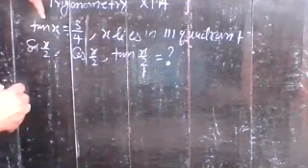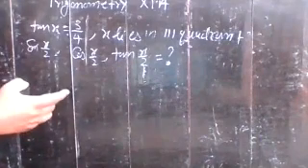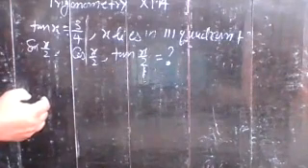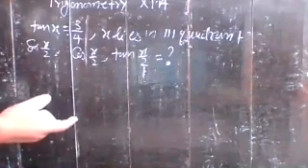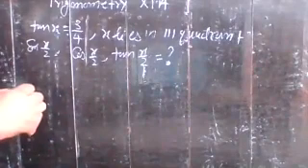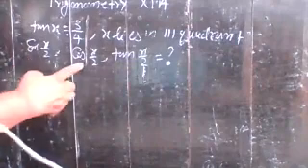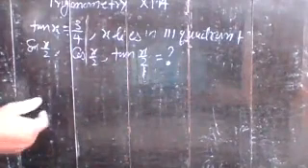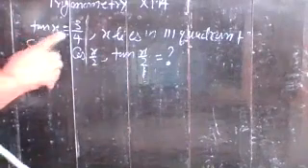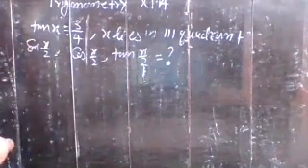If the value of tan x, sin x, or any trigonometric function is given, first try to find the value of cos of that angle, because the relations for sine x by 2, cos x by 2 and tan x by 2 are in terms of cos. Here you have tan x, so you can find the value of sec x. Write it in the solution.